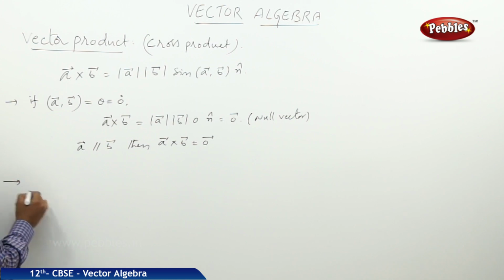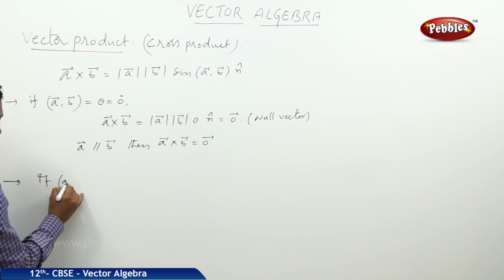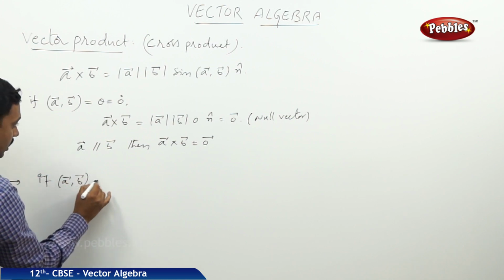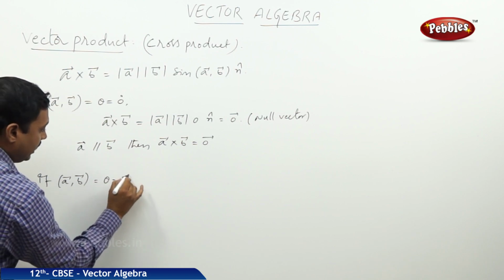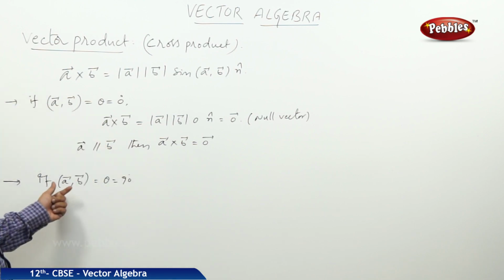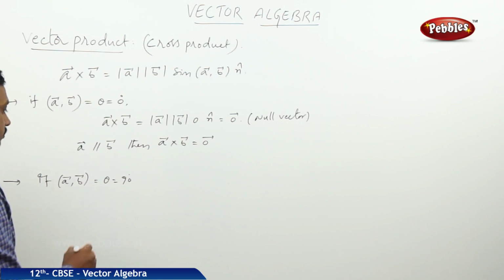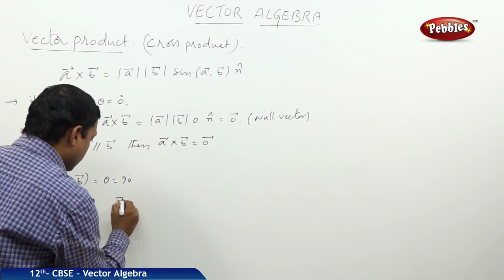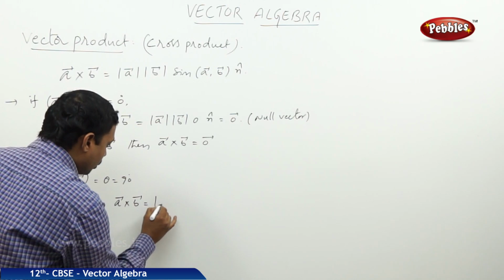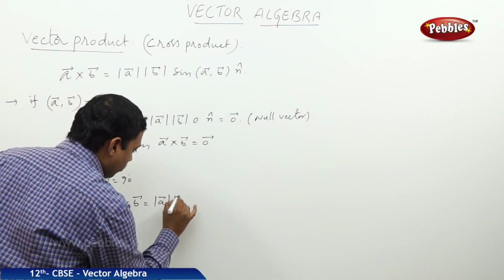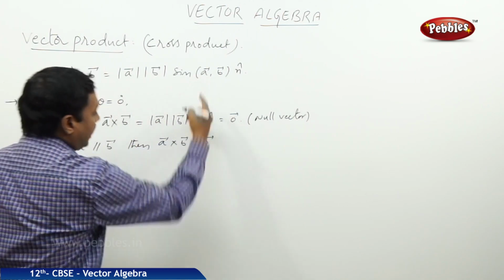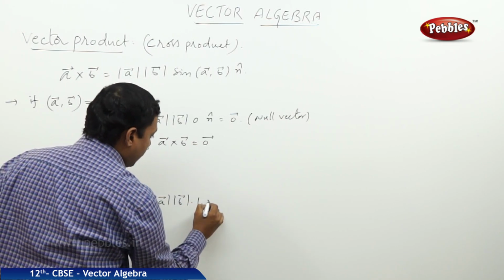Next, suppose the angle between the two vectors A and B, theta, is equal to 90 degrees. That means the two vectors are perpendicular, then what? A cross B is equal to mod A, mod B, into sin 90. We know that sin 90 has value 1, into n cap.